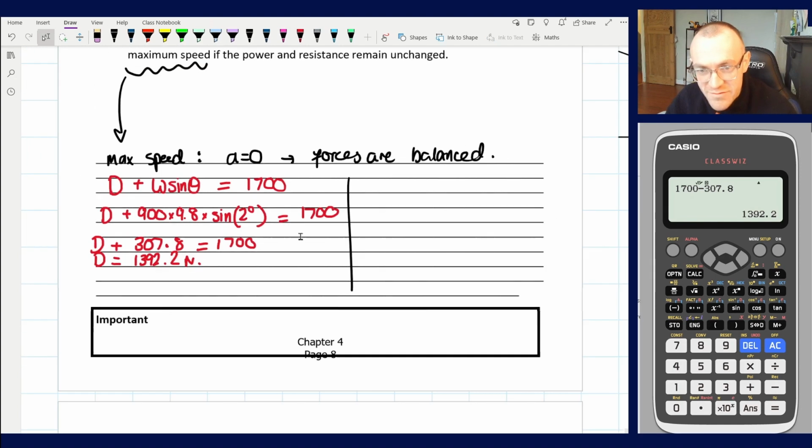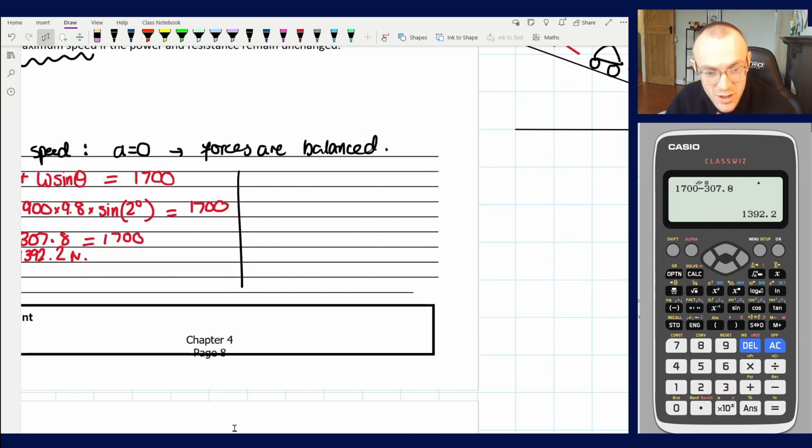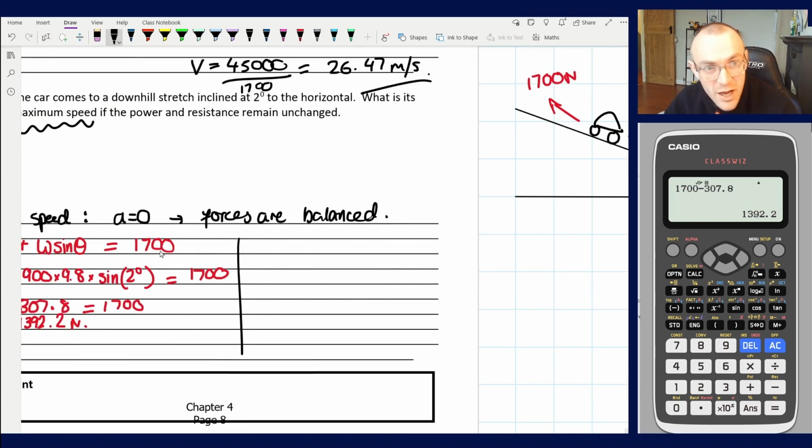Now that I've got the driving force, what do I need to do? Find the max speed. Okay, so I'm trying to find the velocity. I know the driving force, and I know the maximum power, so I can use the formula. Power is driving force times velocity.